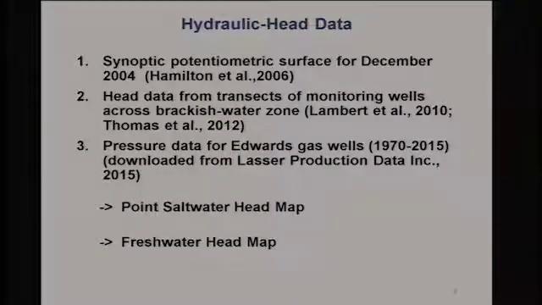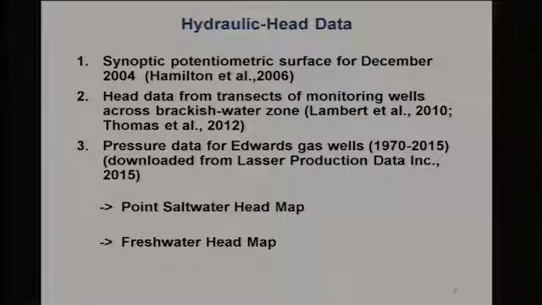So hydraulic head data came from 3 different sources. One, we took freshwater equipotentials or contours from an Edwards Aquifer Authority synoptic water level map for December 2004, which represented a period of high stand water levels in the aquifer. Second, we incorporated the data from transect wells.